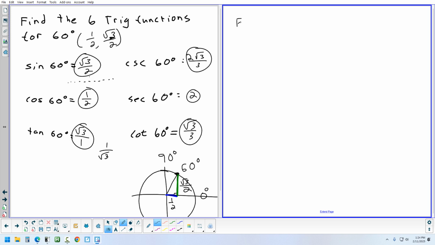So you're going to see all the same answers again, but they're all going to move around. I want to figure out kind of how they move around. So find the 6 trig functions of 30 degrees. Okay. So what is the first thing we need to know?